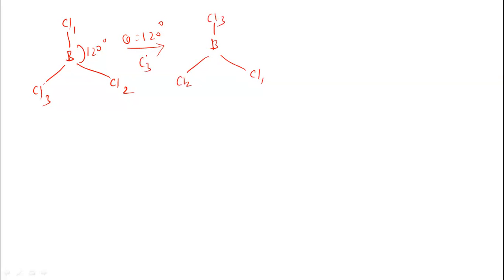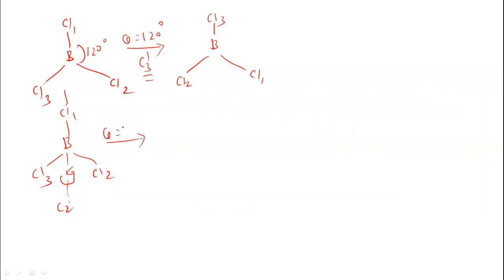So it has a C3 principal axis. Now along with this C3 axis, the boron trichloride molecule also has 3 C2 axes. You can see here, it has 3 C2 axes. Each C2 axis passes through the boron and 1 chlorine atom, so it shows the equivalent orientation.